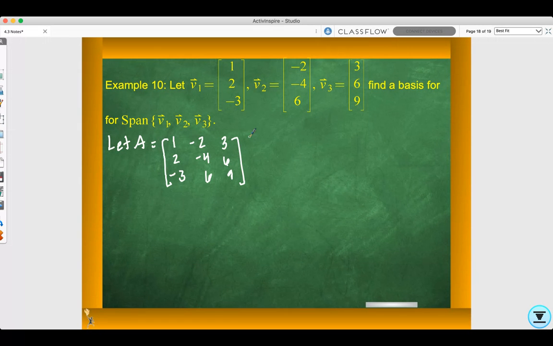Okay, so we're going to row reduce this. So the first thing I can do is take negative 2 row 1 and add it to row 2, and that would cancel that out to zeros.